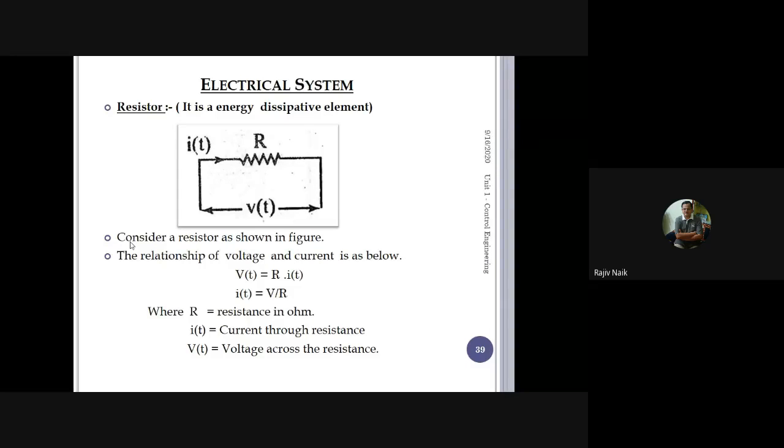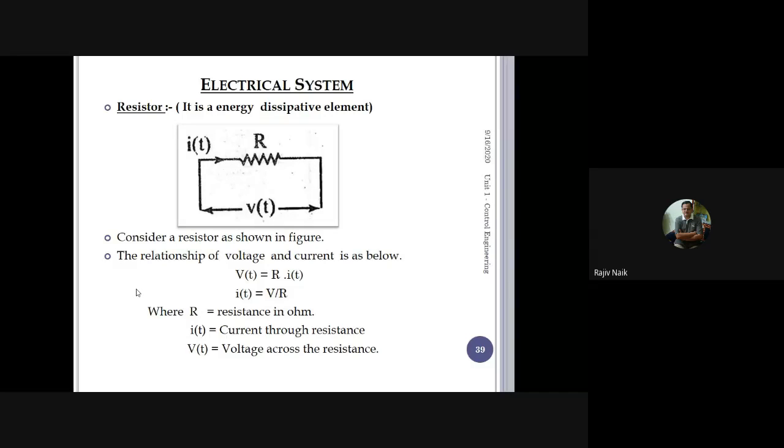Most electrical systems will have some combination of inductor, resistance, or capacitor. The inductor is similar to mass and it is inertia, whereas the damper is the equivalent of resistance, that is, a resisting or friction component, and instead of a spring we have a capacitor, which is a storage component.